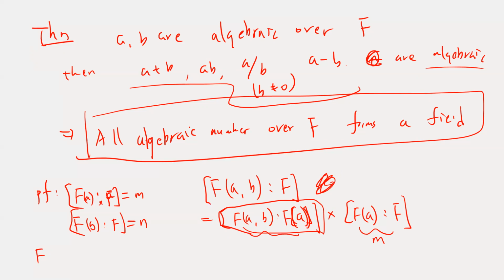Okay, so you know that we need to ask why F(A, B) over F is finite, right? So let's see, maybe let's do this. Let's define the degree of F(A) over F, and let's say this is degree m, right?